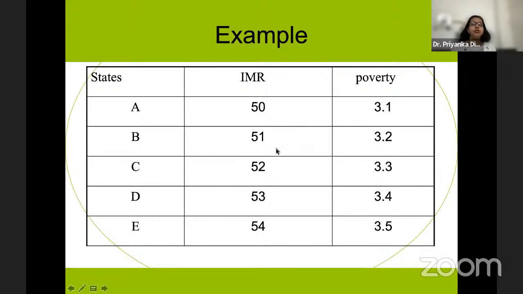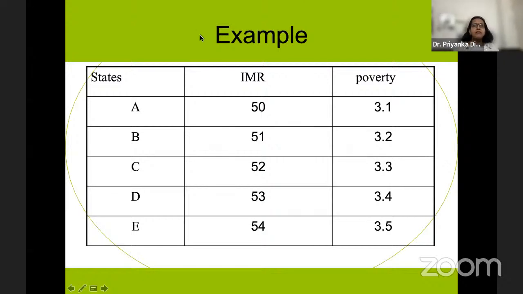Because both the variables are continuous in scale, we can apply the correlation value and we can identify the type of relationship, direction of the relationship, and the strength of the relationship. Is it okay? Correlation.